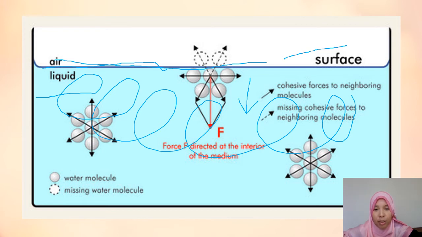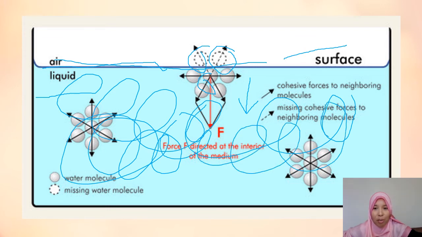We've talked about this before: since there's no water molecules above, the water molecules around each other try to stick to each other as tightly as possible. So this force here is greater than the one inside here.